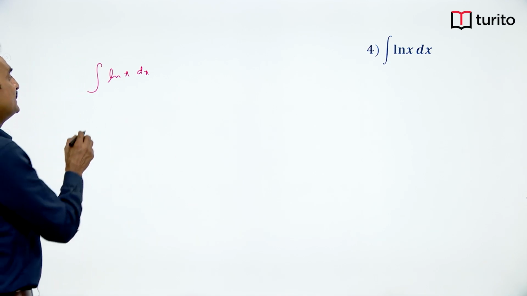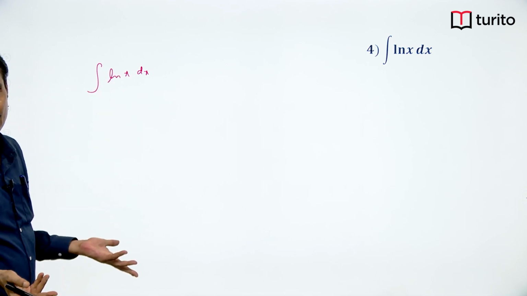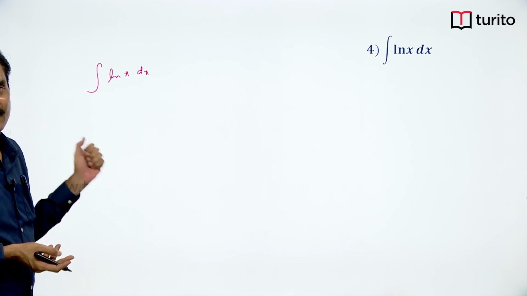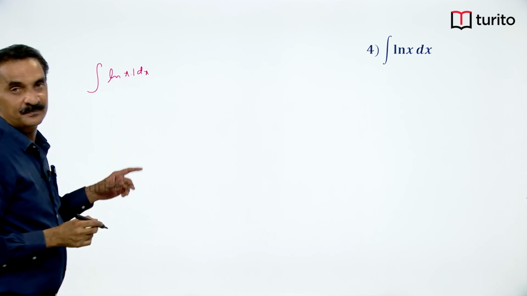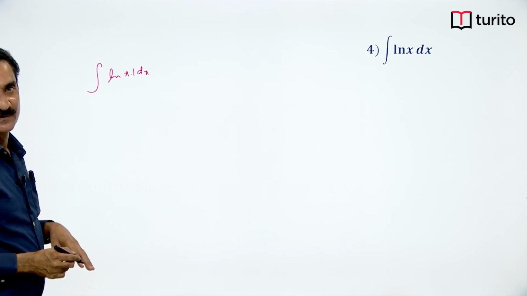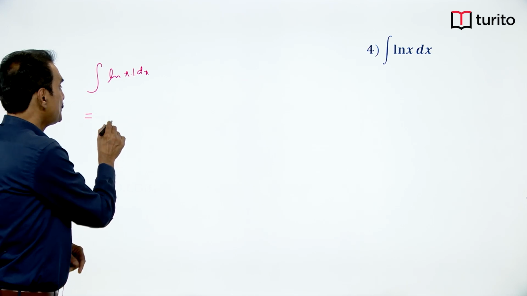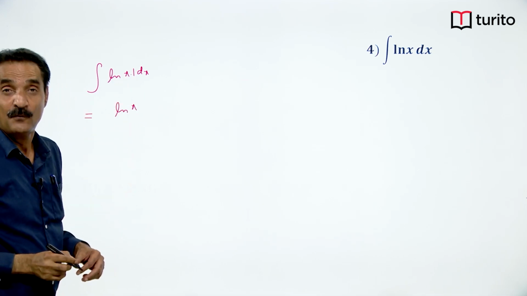In this case, we take the given function as first function because we do not know its integral, that is why we are solving this question. So, take ln x as first function and 1 as second function, take into 1. Ln x is first function, 1 is second function. Then first function into integral of the second. What is the integral of 1?